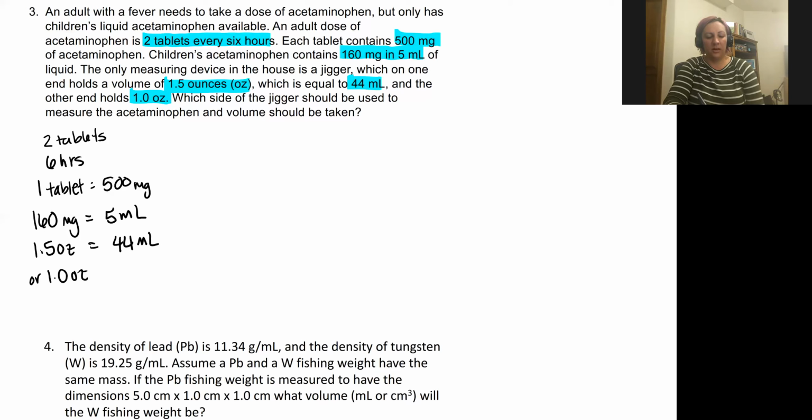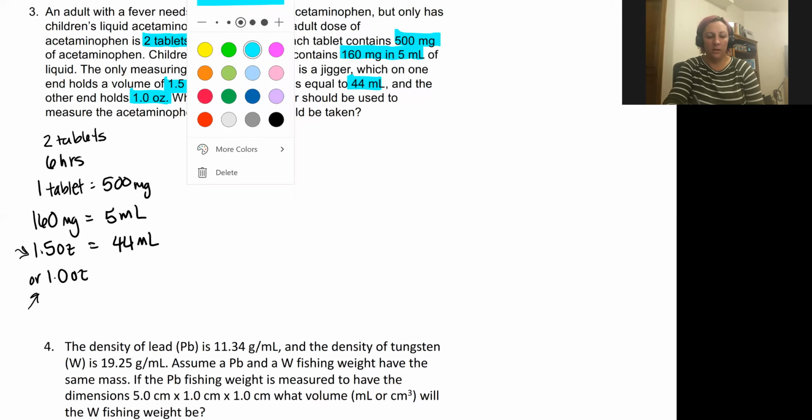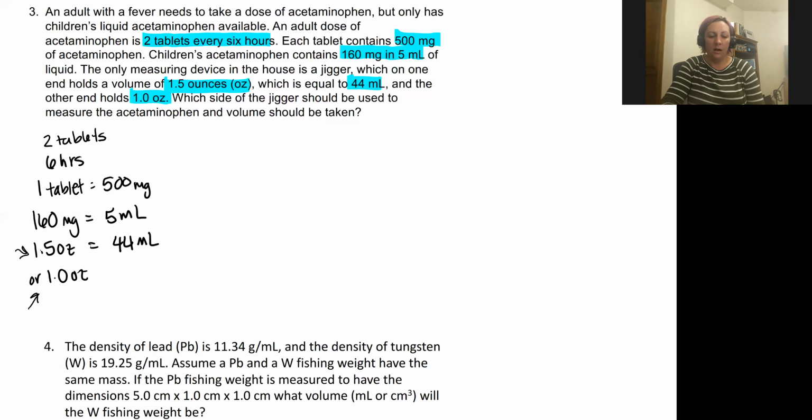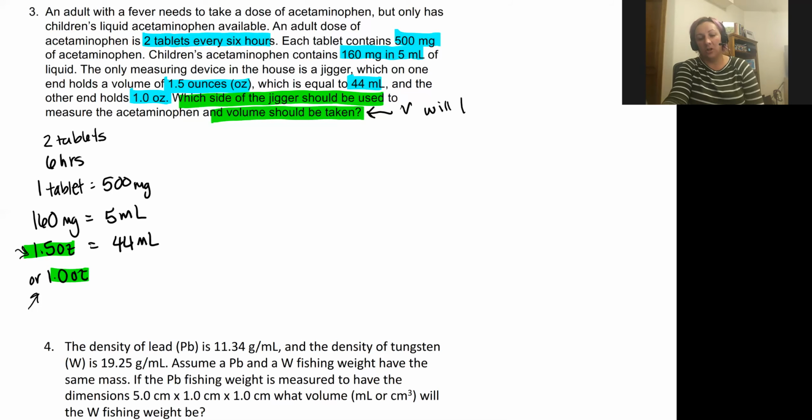And so I'm really trying to decide, am I using this 1.5 or this 1.0? So rather than focus on the first question, there's 2 here, of which side of the jigger should be used, that's going to ask, was it 1.5 or 1.0? And what volume should be taken. Let's focus on that because once we know the volume, it'll tell us which side of the jigger to use.